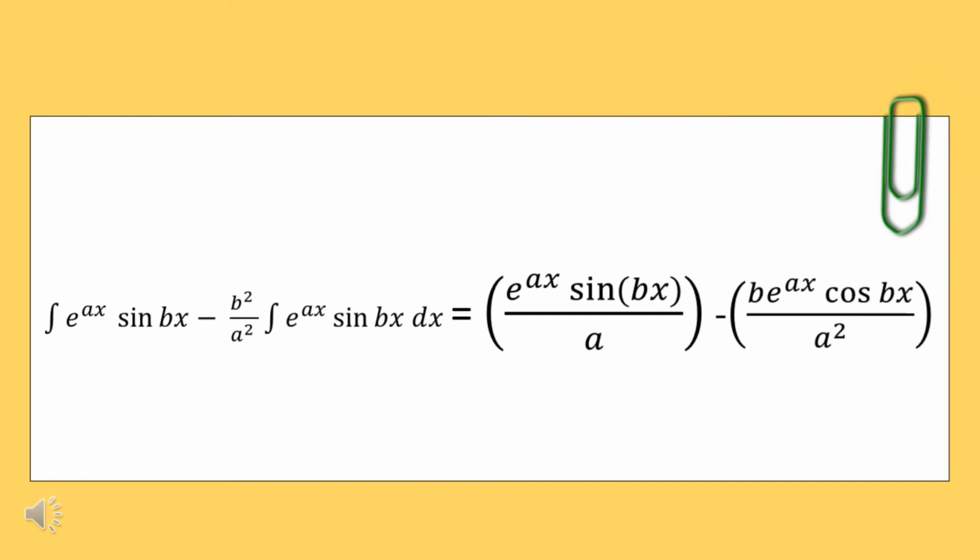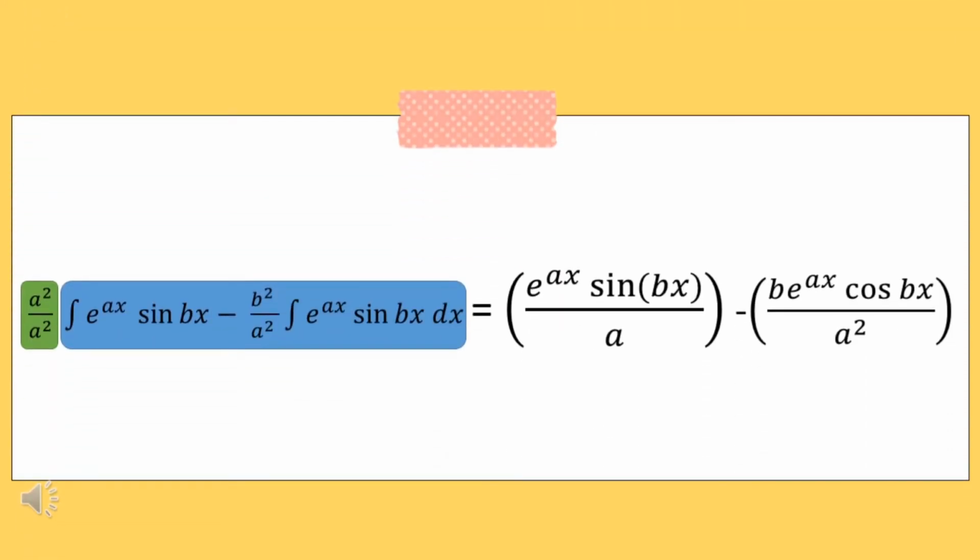We just bring it to the left and we change it from plus to minus, and it will be integration of exponent ax sine bx minus b square over a square integration exponent ax sine bx.